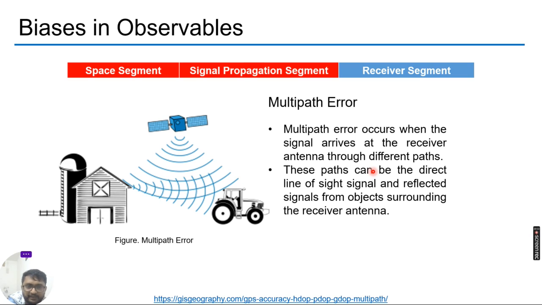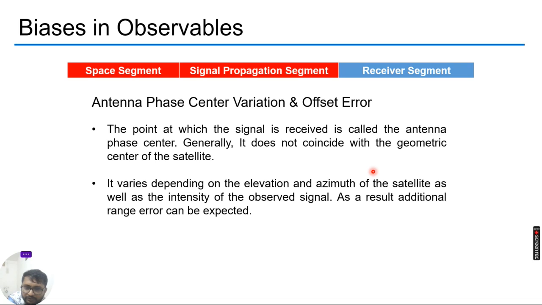Because of that, it goes along different paths and is received after some time at the satellite receiver. This multipath error is generated because of the traveling of the signal along different paths before reaching the receiver.